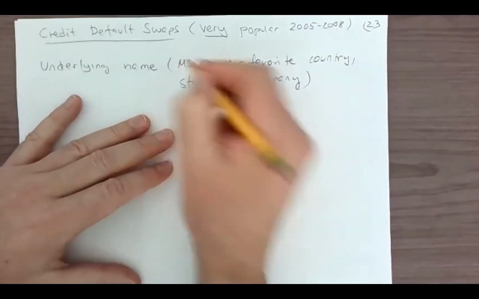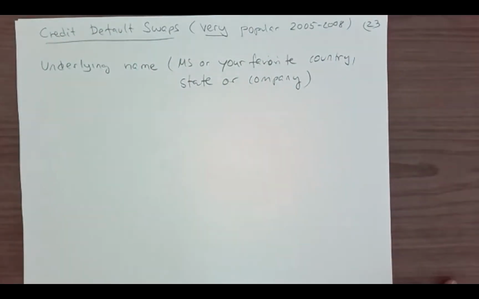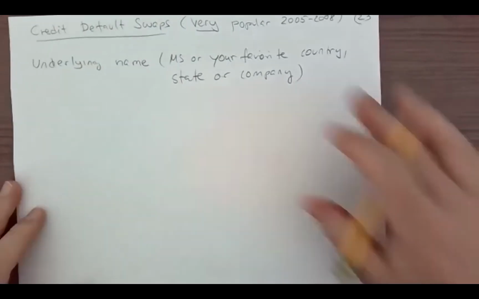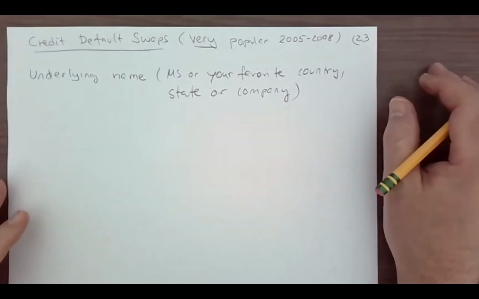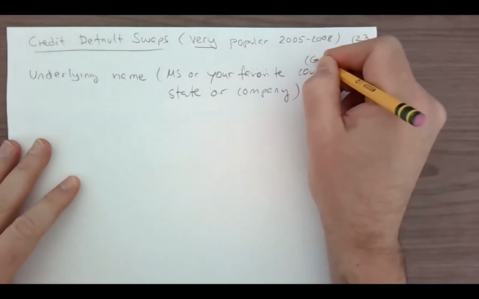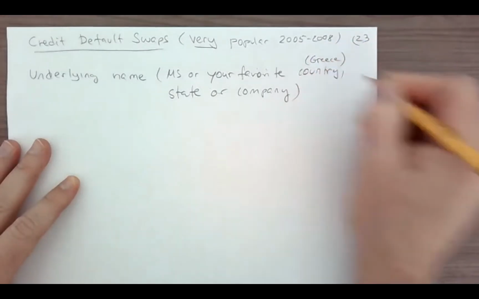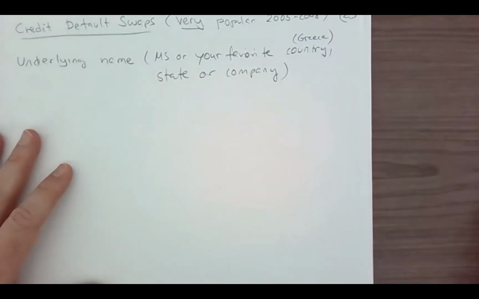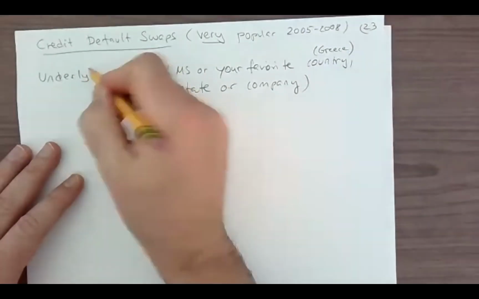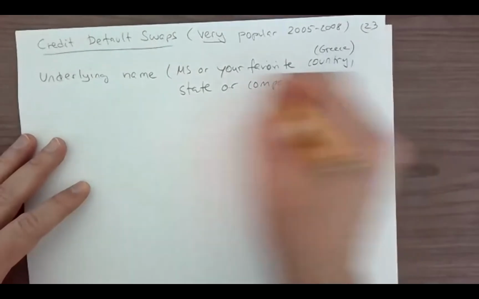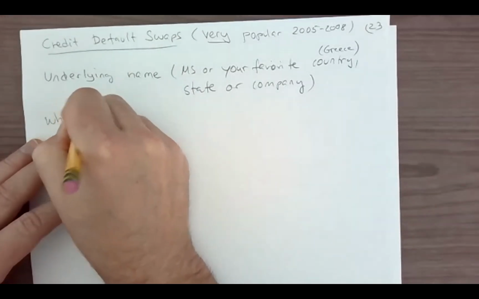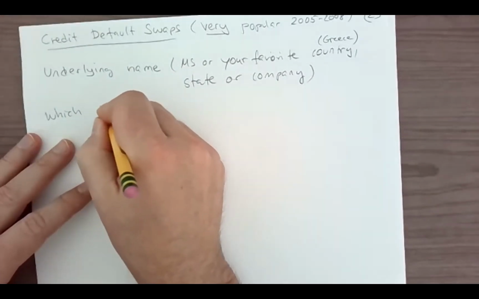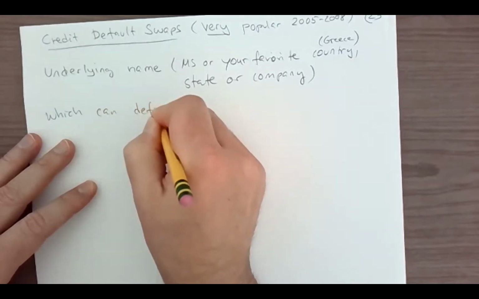It could be Microsoft. It could be Greece, which has been subject to this quite a bit. And states, US states, or some company that you're interested in, there's an underlying name which can default.